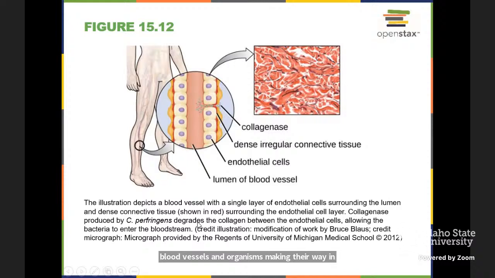So we will see some images of gangrenous tissues a little bit later. Clostridium perfringens is a culprit for gas gangrene.